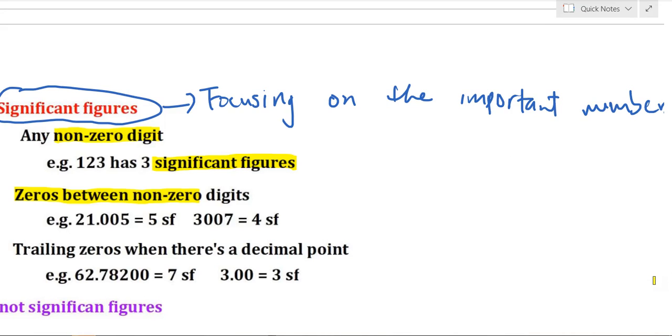In general, most of the time, the number 0 is not significant. So keep that in mind. But you also have to remember these rules. So I'm going to put that here because they didn't include it. So 0 is generally not significant.